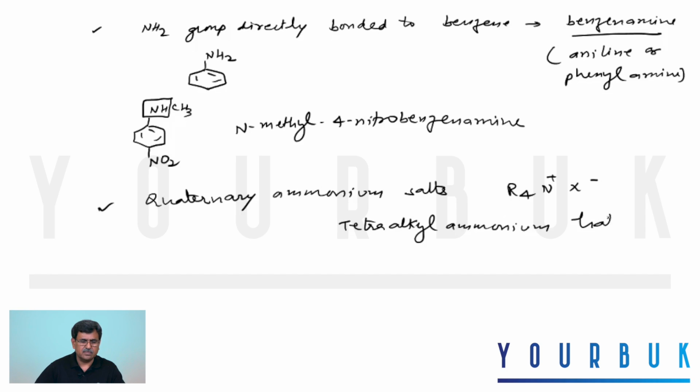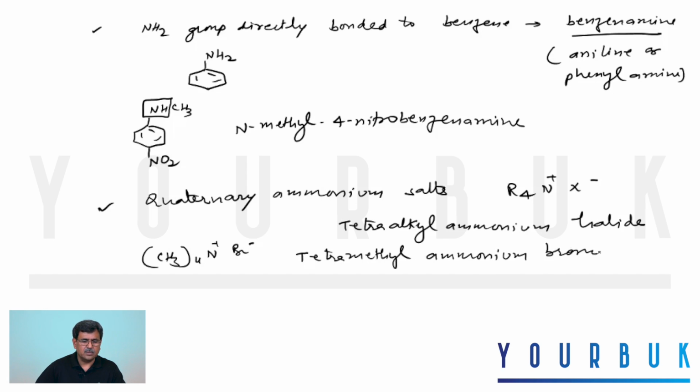For example, we have (CH3)4N positive and Br negative. This is named as tetramethyl ammonium bromide.